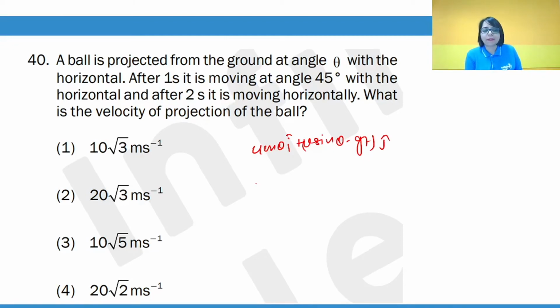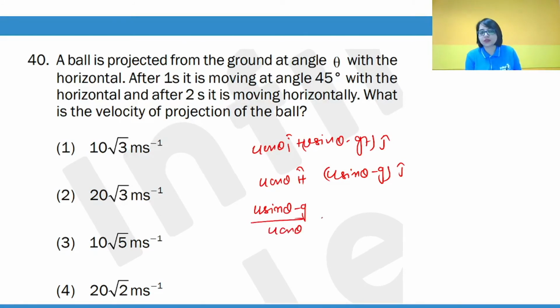So it will be u cos theta i cap plus (u sin theta minus g) j cap because time is 1 second. Now the angle of the velocity with the horizontal direction at 1 second is 45 degrees. So basically (u sin theta minus g) upon u cos theta is equal to tan 45, so it is 1. So u sin theta minus g is equal to u cos theta.